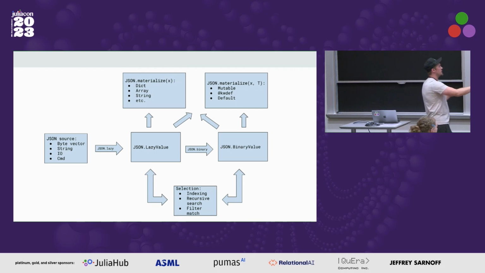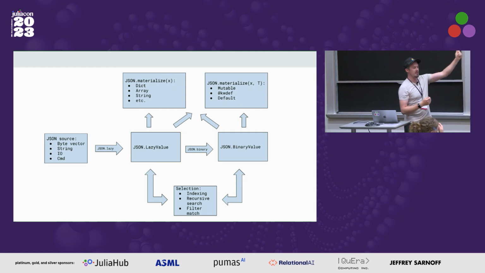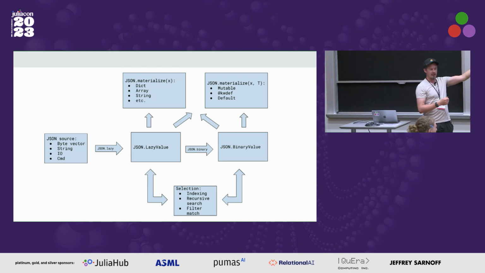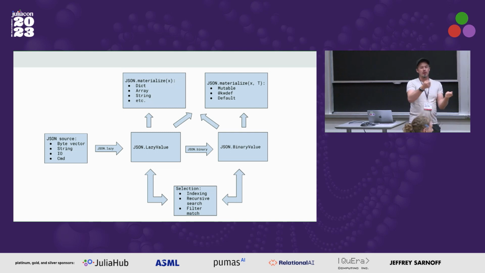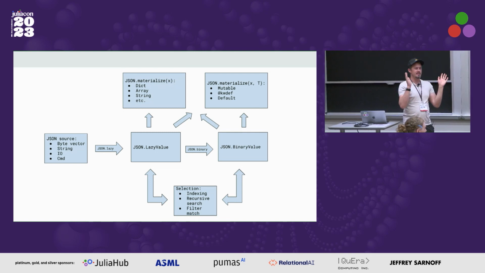So everything starts with a JSON source, and it all goes through what I call the JSON lazy value, okay? So you can call JSON lazy directly, and that will return a JSON lazy value. And really all that's doing is saying, let's look at the first character, figure out what this thing is, and return, and that's it.